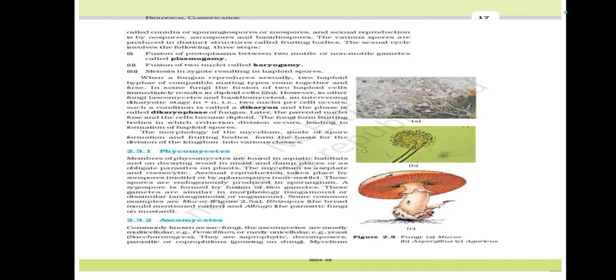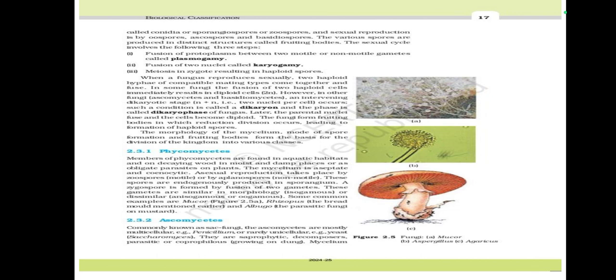However, in other fungi, the ascomycetes and basidiomycetes, an intervening dikaryotic stage, n plus n, that is two nuclei per cell, occurs. Such a condition is called a dikaryon, and the phase is called the dikaryophase of the fungus.